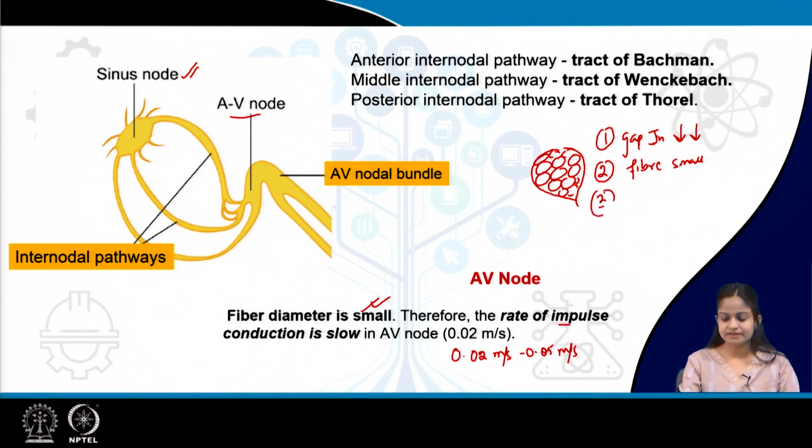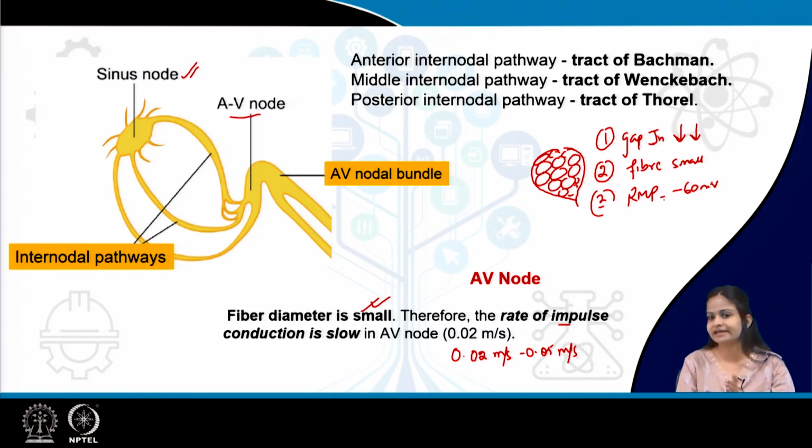The third thing is the resting membrane potential in case of the AV node, which is minus 60 millivolt. Normally, the ventricular myocytes have a resting membrane potential of minus 90 millivolt. Now, depolarization means influx of positive ions or cations.